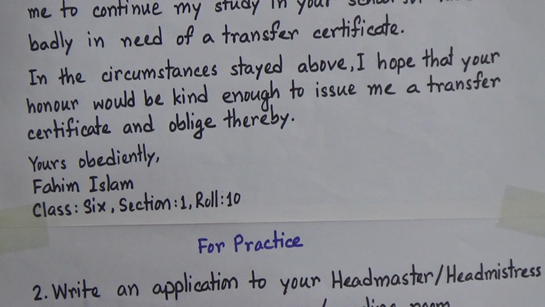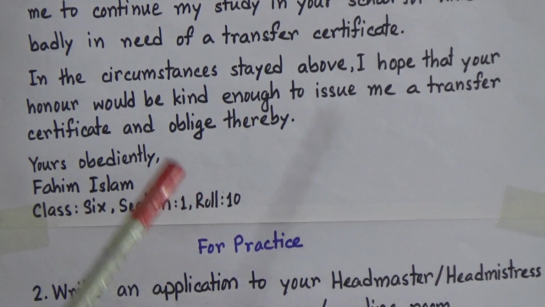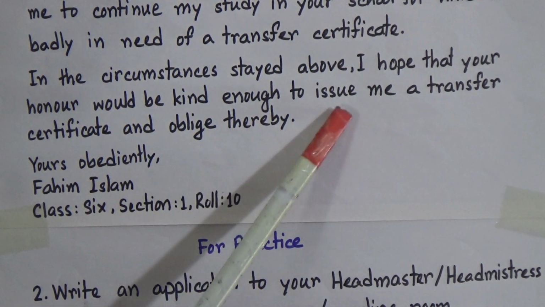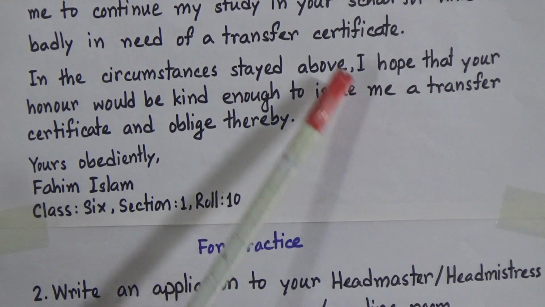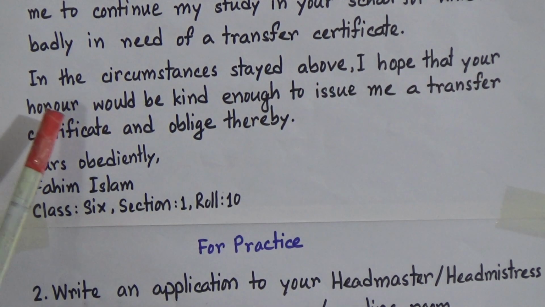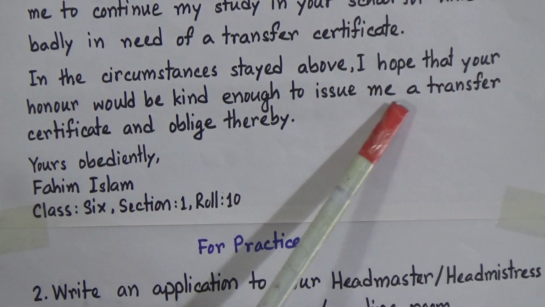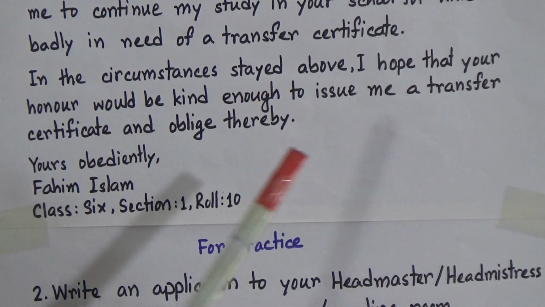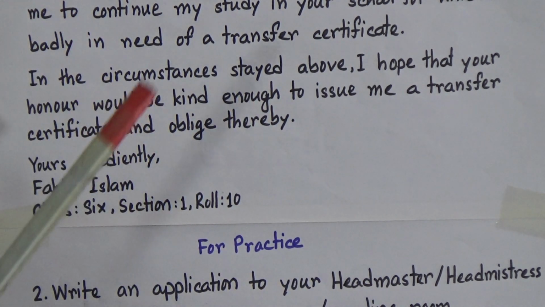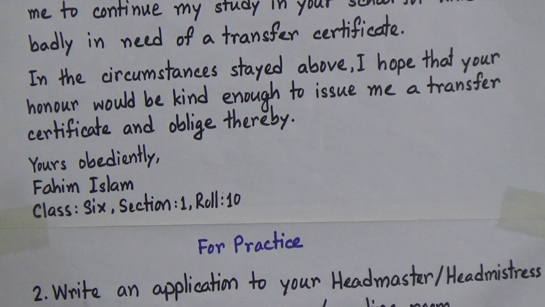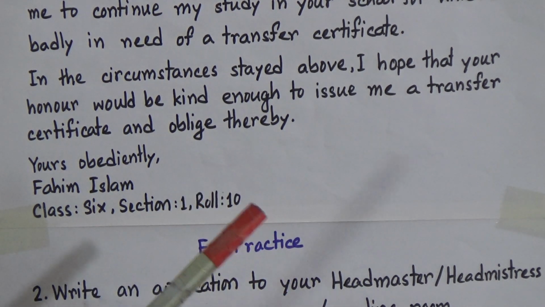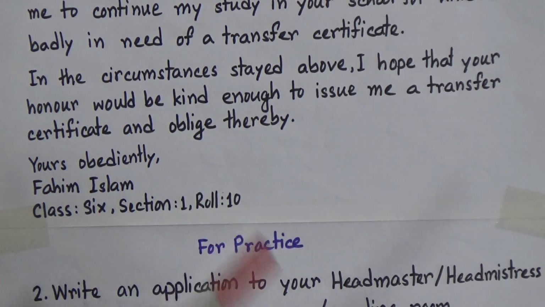So in the second paragraph, or the ending paragraph, you will write like this. In the above circumstances, I hope that your honour would be kind enough to issue me a transfer certificate and oblige thereby. So you will conclude your application like this. That means you will hope that your application will be granted.